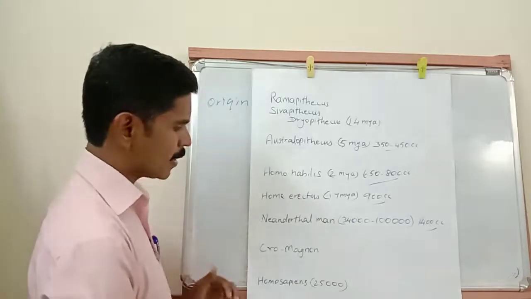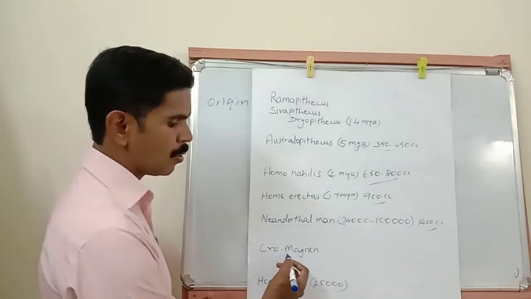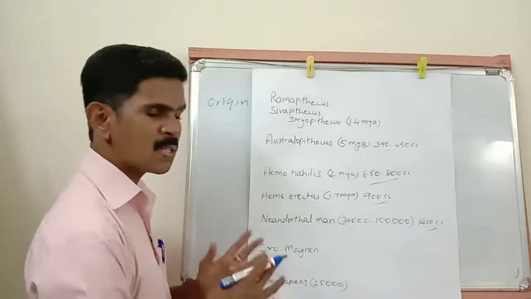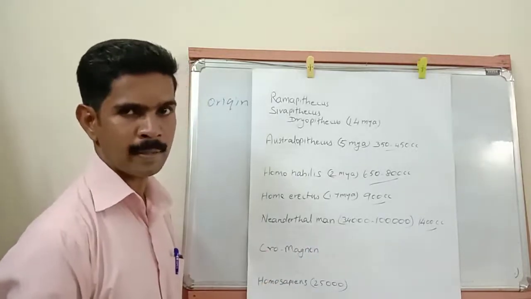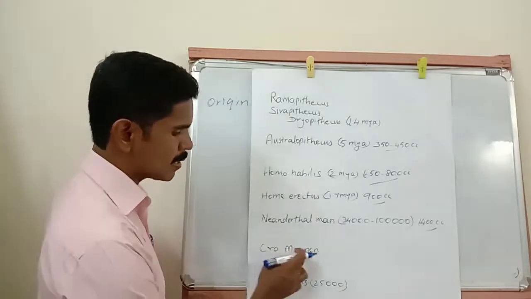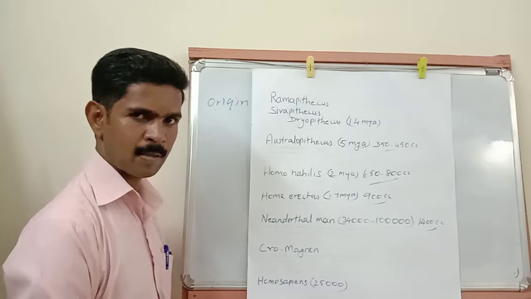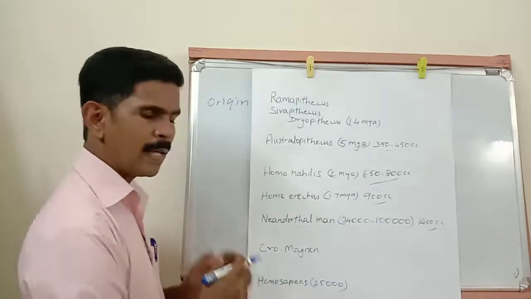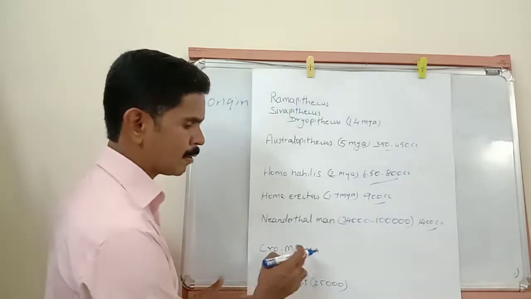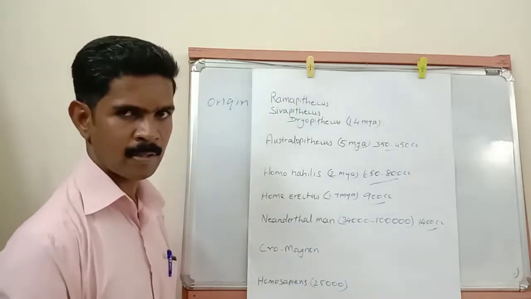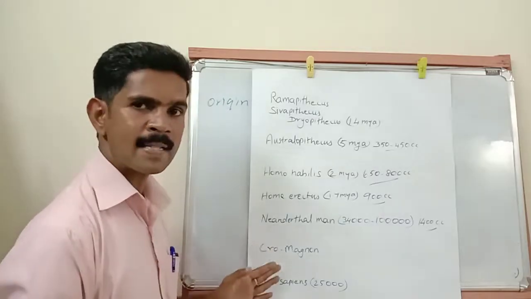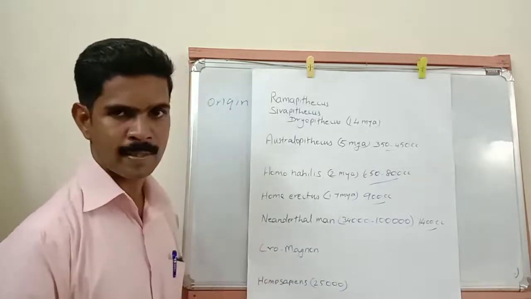Then next to this Neanderthal man is called Cro-Magnon. This is the most talkative form of human beings. So the human beings started to talk during this period. They lived in the rocky region of Cro-Magnon, located in France. Then they are the ancestors of modern Europeans.